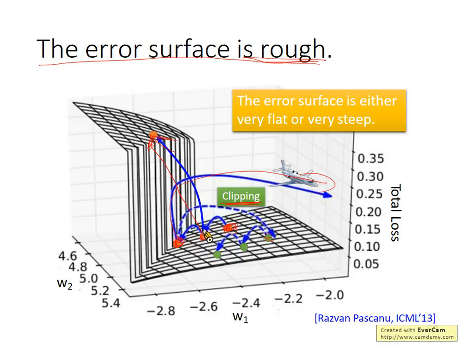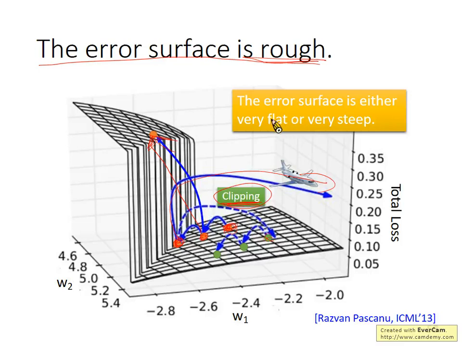If the value of the gradient is larger than a threshold, we just truncate the gradient to a fixed value. This is called clipping. This simple method avoids being influenced by a very large gradient and updating the parameters to a very large value.